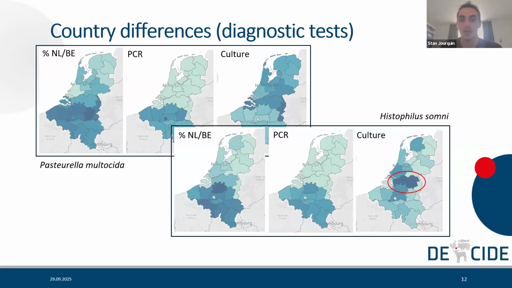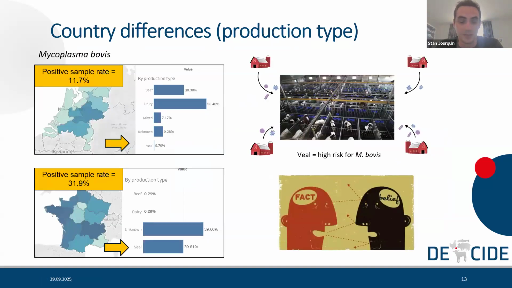Then, as a last example, of a similar type, if we look at Mycoplasma bovis, which is work I do quite often, we saw that the positive sample rate in, for example, the Netherlands is only 11%, where it's almost 3 times higher in France. So at first glance, if you interpret this on a European level, it would be wrong to assume that the prevalence of M. bovis is much higher in France compared to, for example, the Netherlands.